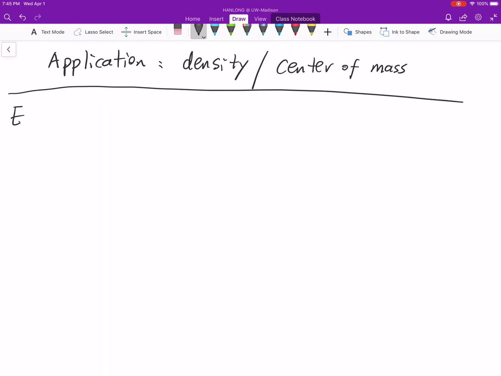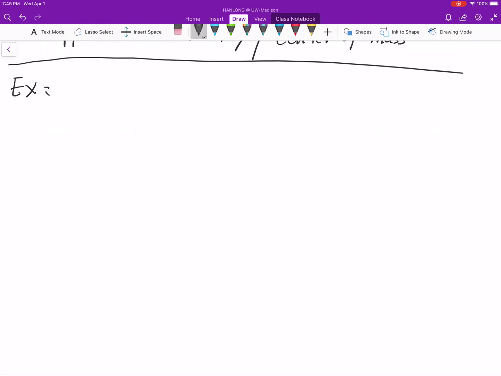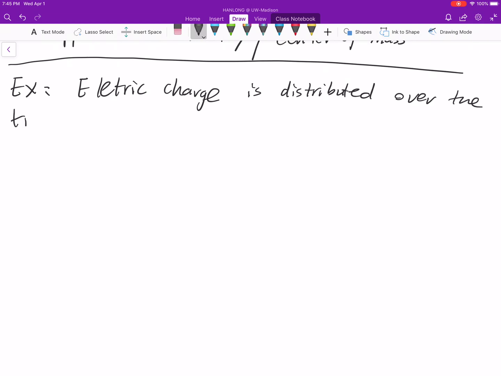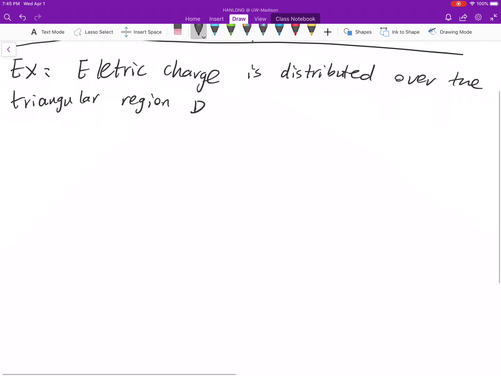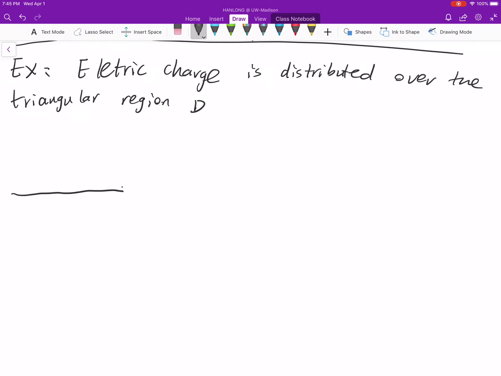And so first, look at the following example. Electric charge is distributed over the triangular region D. The D is given by the following graph.